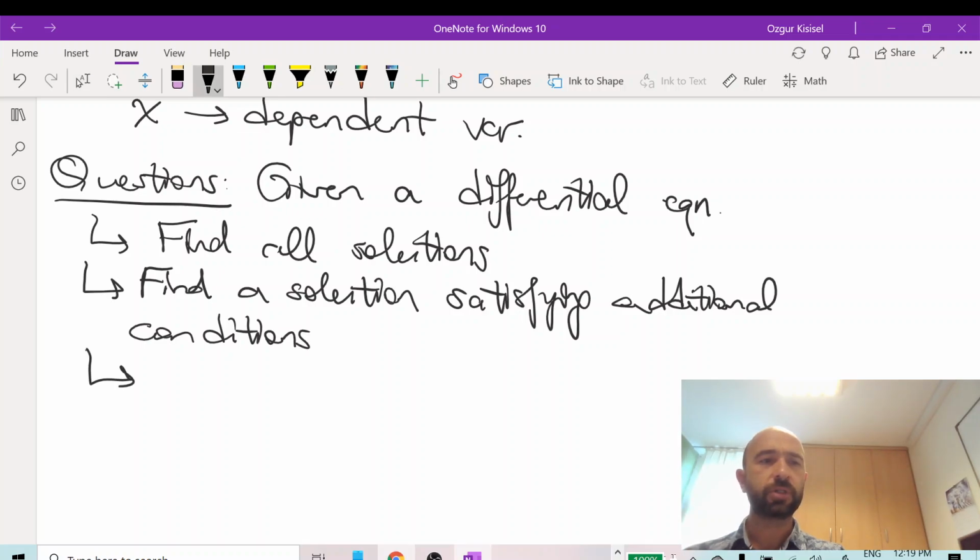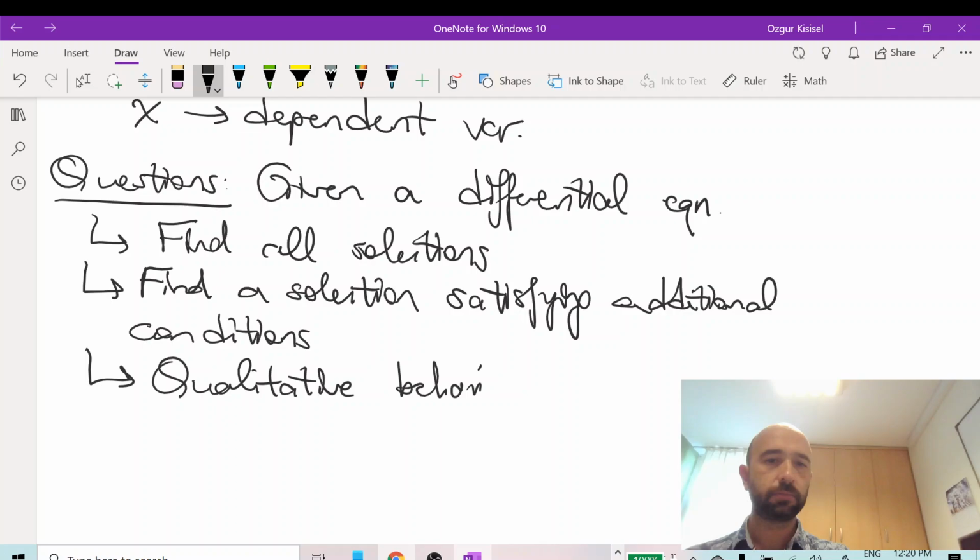There are some further questions one might be interested in. For instance, you might not want to find the actual solutions, but say something about their qualitative behavior. I'll talk more about these in the future, of course.